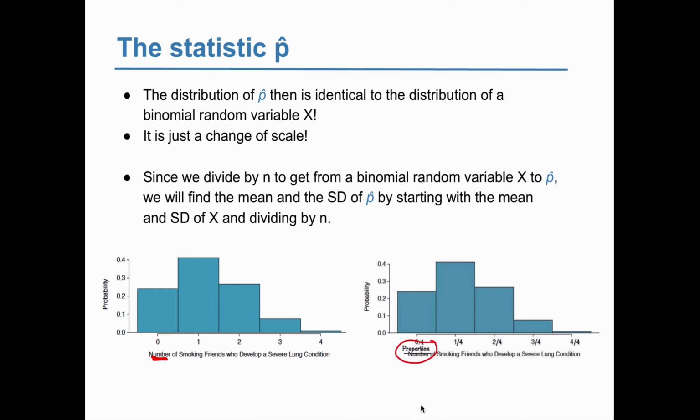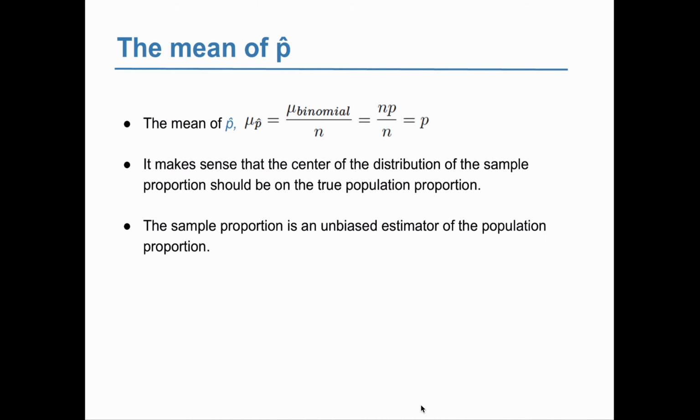Since we divide by n to get from the binomial random variable to p hat, we find the mean and the standard deviation of p hat by starting with the mean and standard deviation of x and dividing by n. Remember that the mean of a binomial random variable is n times p.